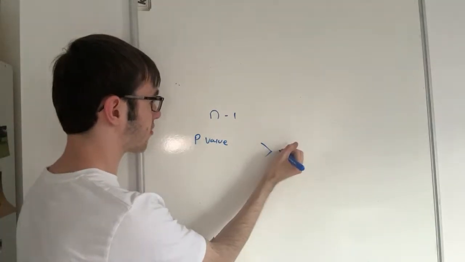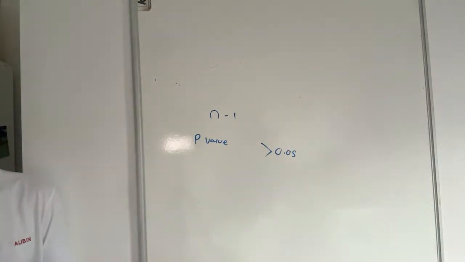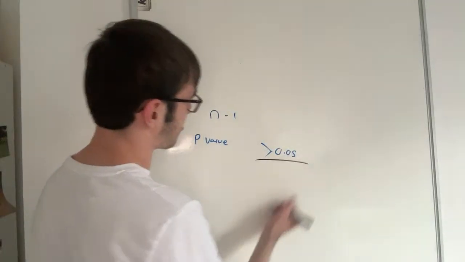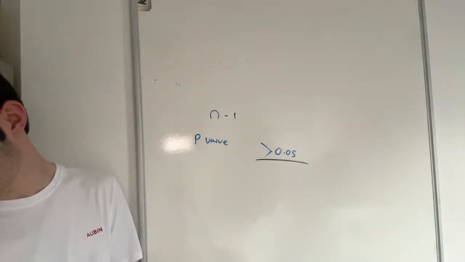If it's greater than 0.05, I don't recall what that means. I get it mixed up. One of them means the data is statistically significant, one of them doesn't, and I don't remember which is which.